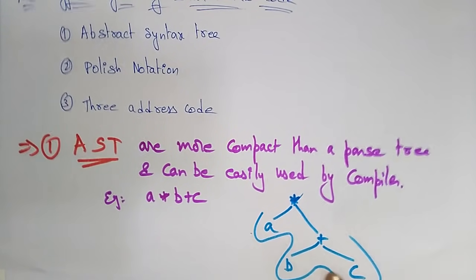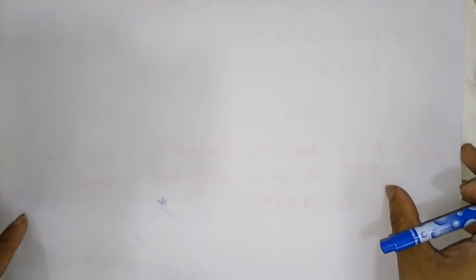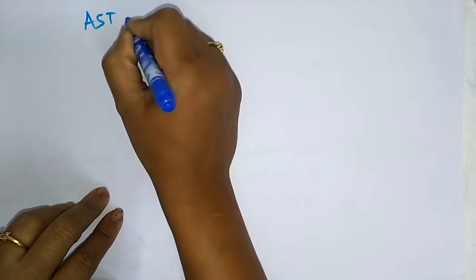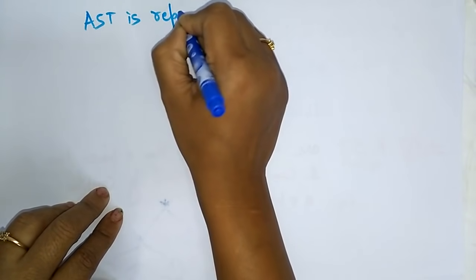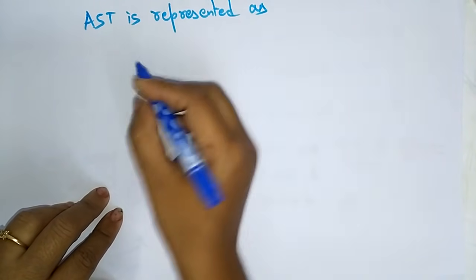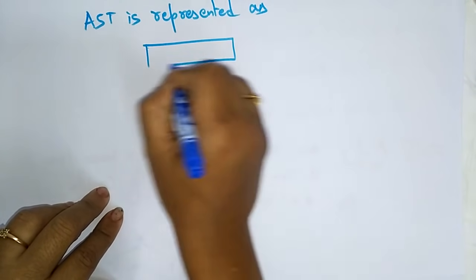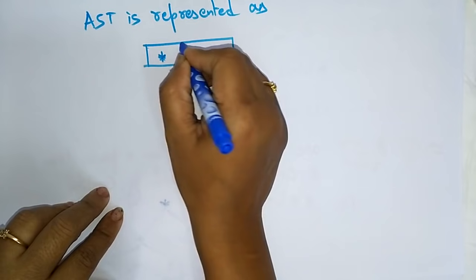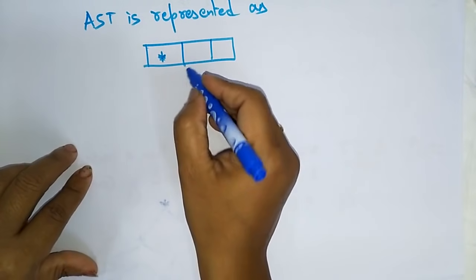How do compilers easily use this abstract syntax tree rather than the parse tree? Because this abstract syntax tree is represented just like memory locations, taking star and the stack.